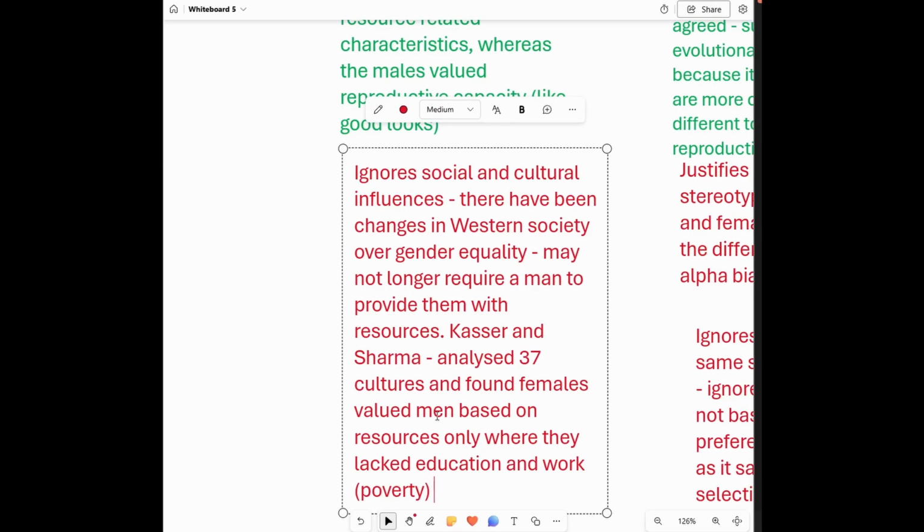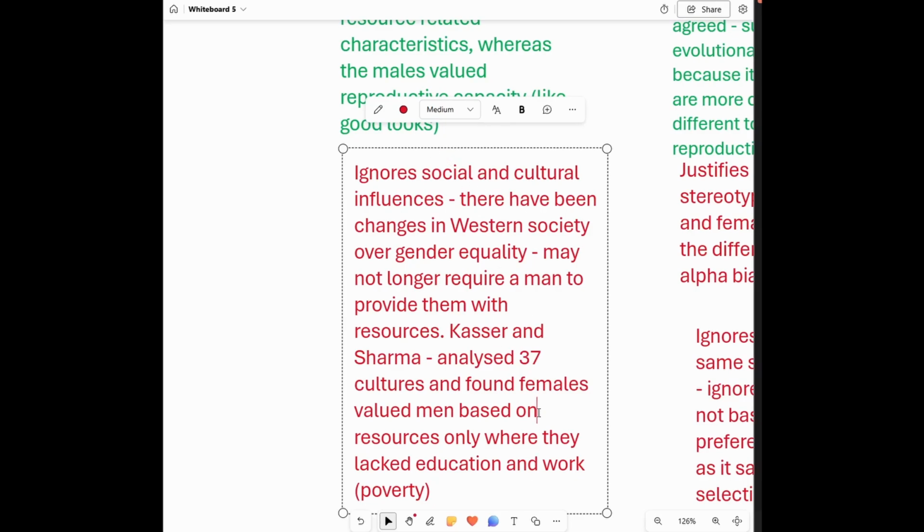So this kind of makes sense if you think about it. It's saying that in a poorer place, the females valued men who provided more resources because they're unable to provide for themselves.